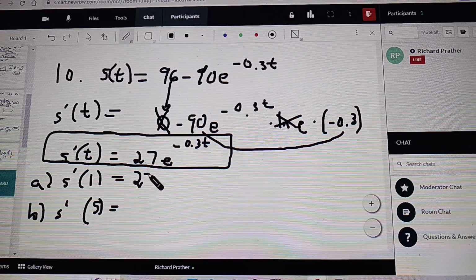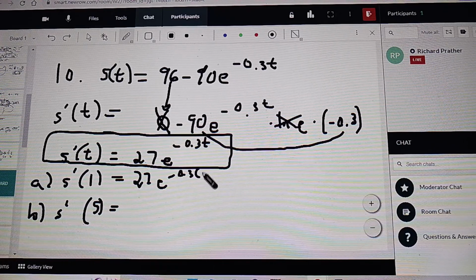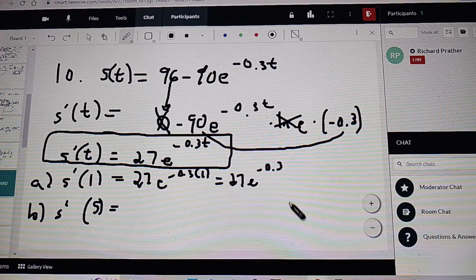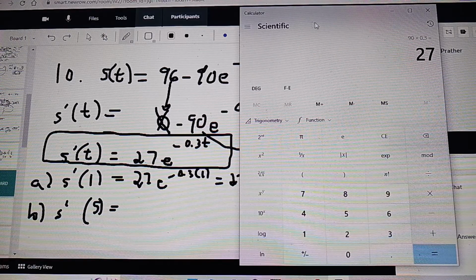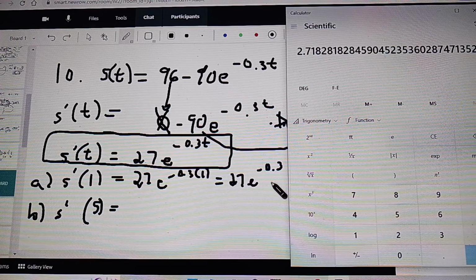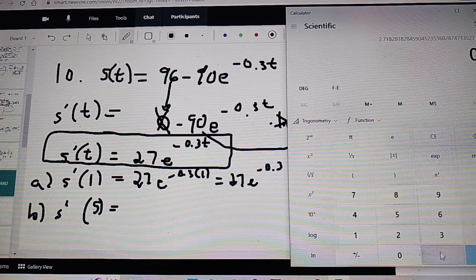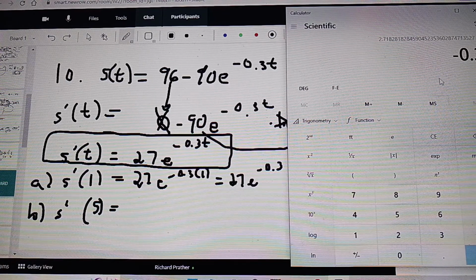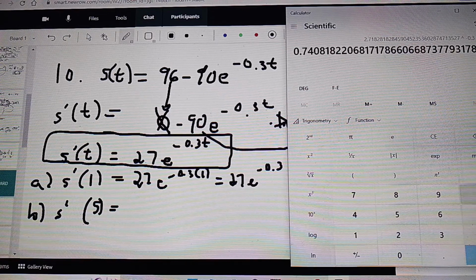So 27e to the negative 0.3 times 1 is 27e to the negative 0.3, and they did say round to some odd amount of decimals. So that's when using decimals in a calculator is fine. So e raised to the negative 0.3 is how I have to do it in this calculator, times 27.